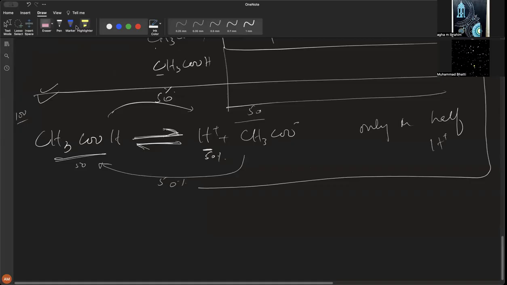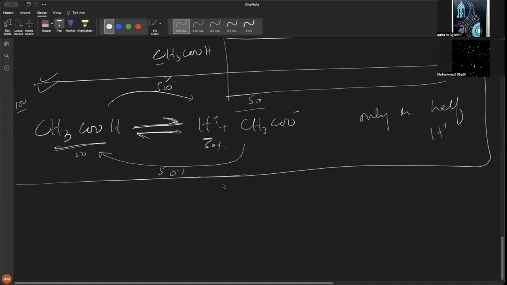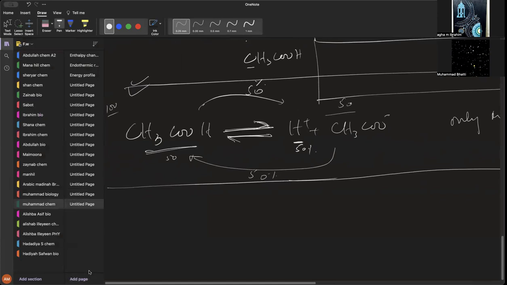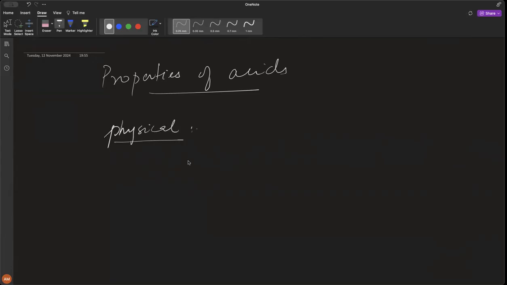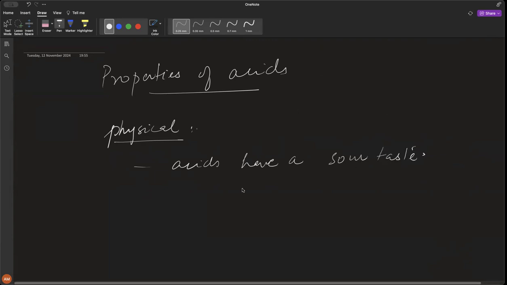Now let's talk about the properties of acids. There are certain physical properties, then we are going to be discussing chemical properties. When we talk about physical properties, we say that acids have a sour taste, right?